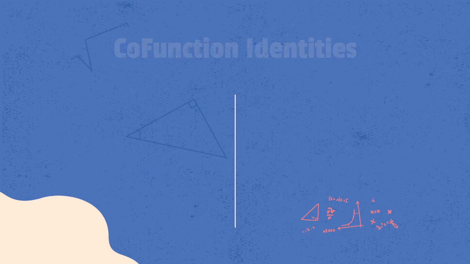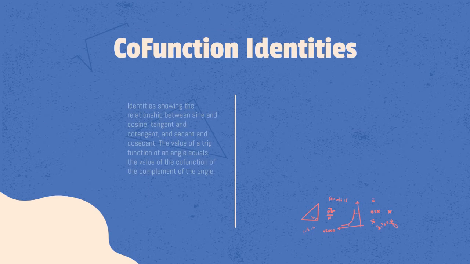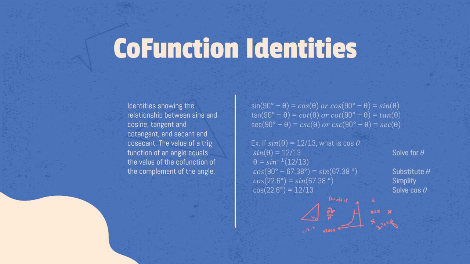Cofunction identities. They are identities showing the relationship between sine and cosine, tangent and cotangent, and secant and cosecant. The value of a trigonometric function of an angle is equal to the value of the cofunction of the complement of the angle. The cofunction identities are as follows.